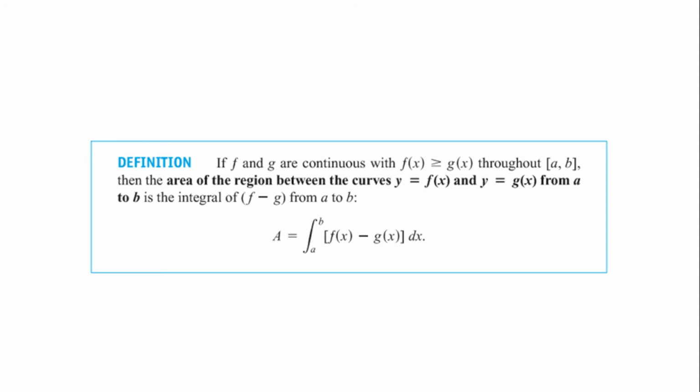If f and g are continuous with f(x) more than g(x) throughout [a, b], then the area of the region between the curves y equals f(x) and y equals g(x) from a to b is the integral of f minus g from a to b. The formula is A equals the integral from a to b of f(x) minus g(x) dx.